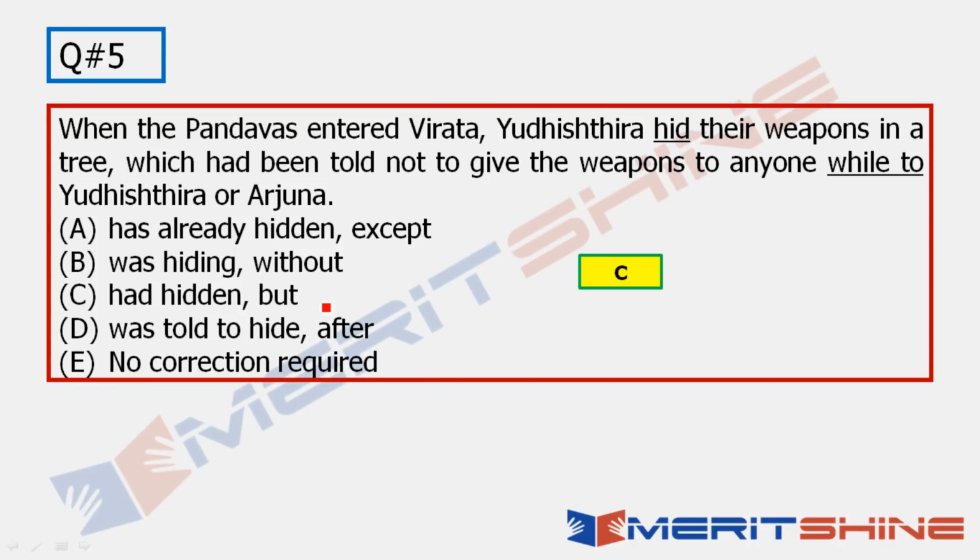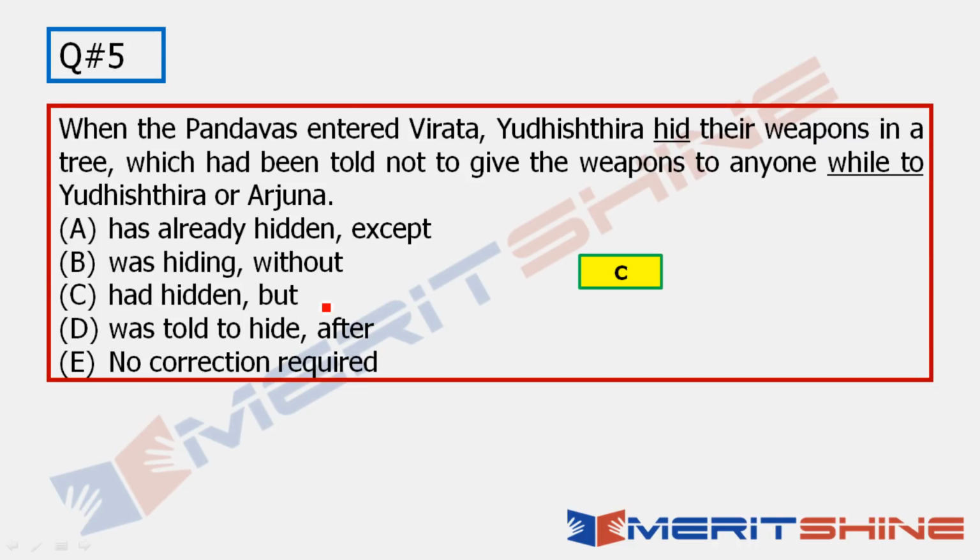Yudhishthir took the role of the chess player, the person who gave company to the king and played chess with the king, whereas Bhim became the cook, and Draupadi became the maid to the queen, and Arjuna became the dance mistress to the princess. So these were the roles that they normally took.